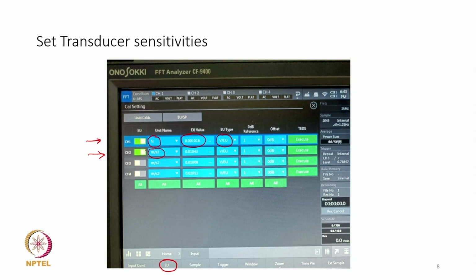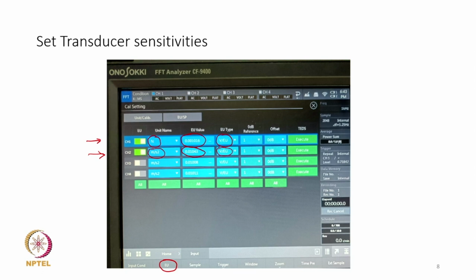The sensitivity of the accelerometer that we are using is 0.01043 volts per meter per second square, and that is what has been fed here. And the engineering unit type is volts per engineering unit, which is meter per second square.